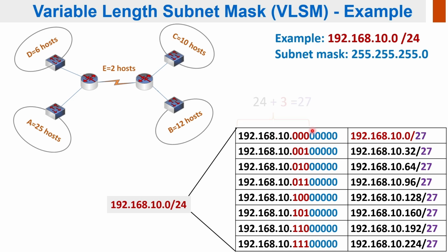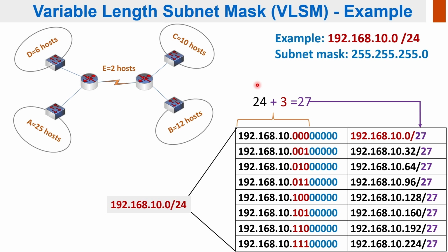Now what is the new prefix length for all the subnetworks? The new prefix length is 24 plus 3, so 27. All are /27. So we created equal size subnets from our given network.